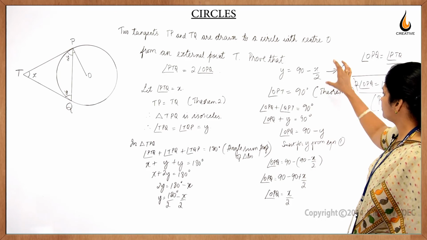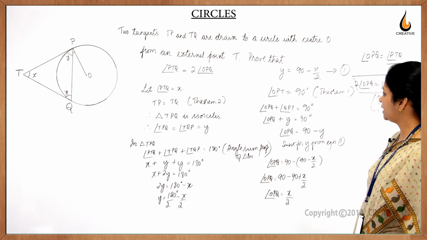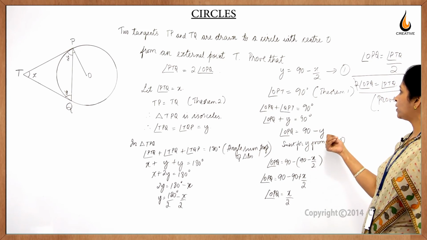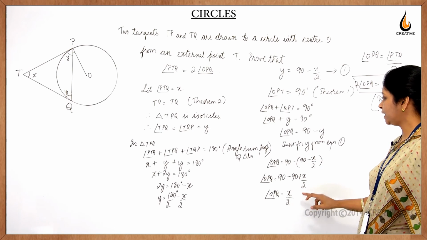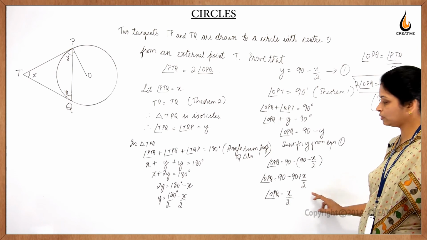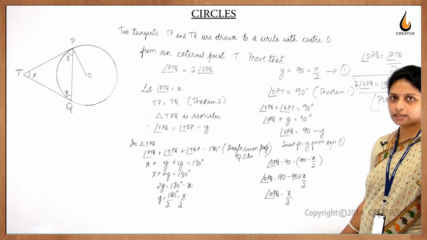Then from equation 1 we will substitute the value of y and we will get OPQ is equal to 90 minus, this y is 90 minus x by 2. When you open the bracket it becomes 90 minus 90 plus x by 2. 90 minus 90 is 0. So, angle OPQ is equal to x by 2.